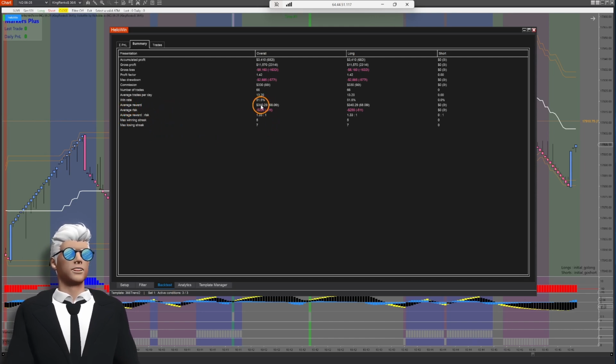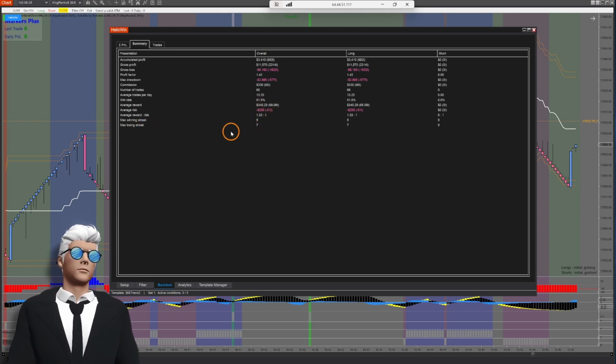Average reward 340, average risk was 255. So we had a 1.33 reward risk ratio, which is not bad. That's not bad at all. Max win streak 5, max loss streak 7.